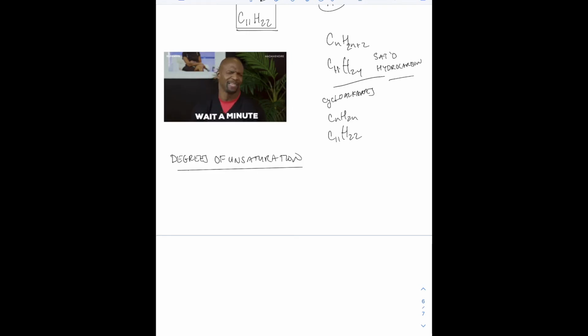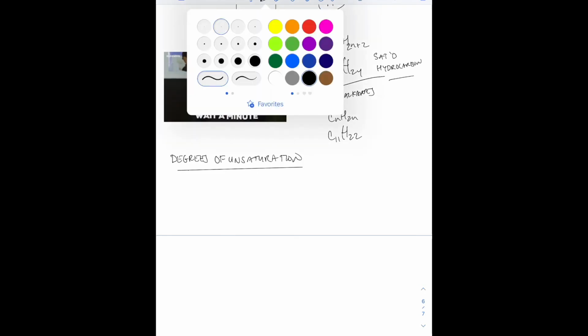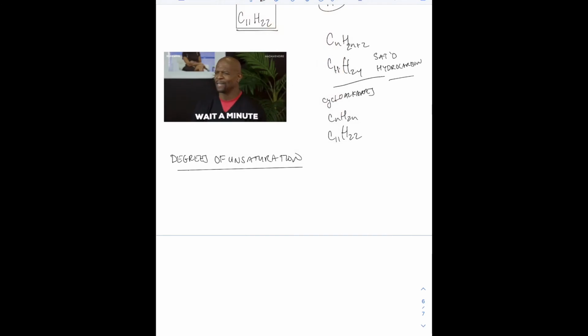Well, if a saturated hydrocarbon has all the hydrogens it could possibly have, meaning it follows this formula, then unsaturation means it's missing some hydrogens. And so this can obviously be a ring, as we just saw, or it could be just an alkene.